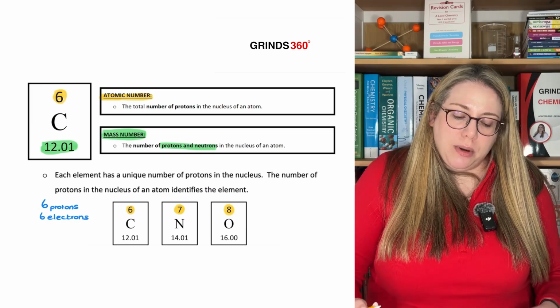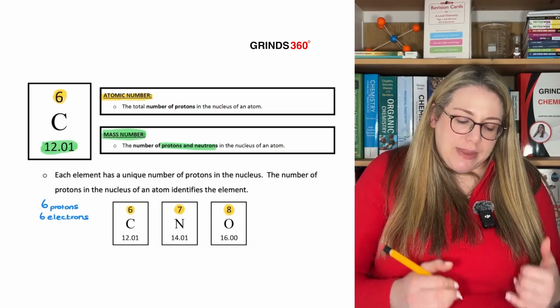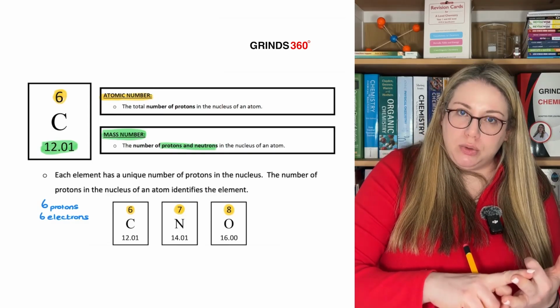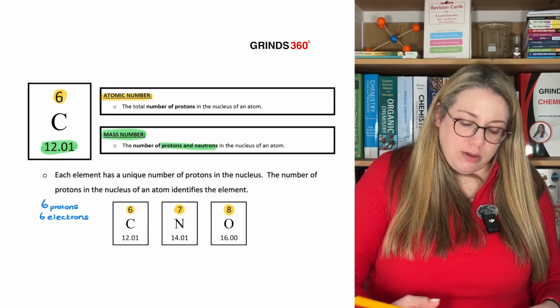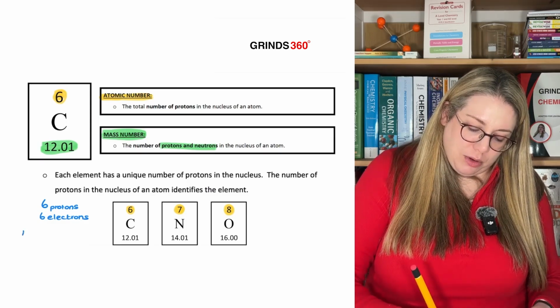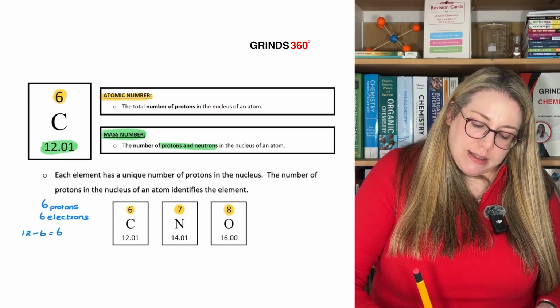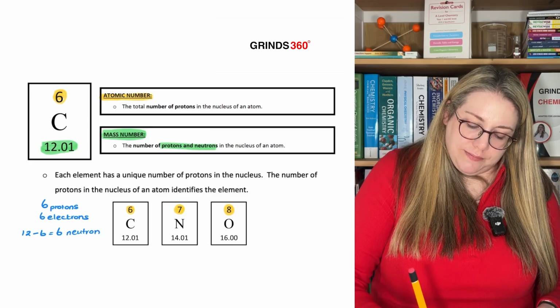To work out the number of neutrons, that's what the bigger number is going to be used for. That 12 that we see on carbon is protons plus neutrons. We already know the number of protons is 6, so to find the neutrons, it's the mass number, which is 12, minus the atomic number, which is 6. So carbon has 6 protons, 6 electrons, and 6 neutrons.